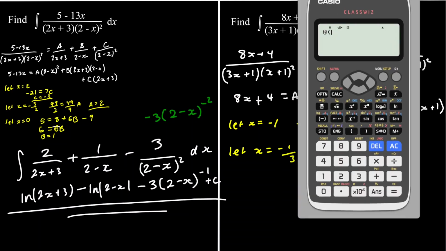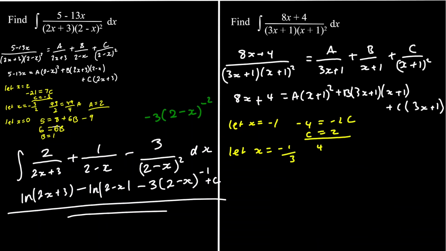So 8 times minus 1/3 plus 4 is 4/3. And that will be equal to 2/3 squared, which is 4/9 of a. So a is 3.